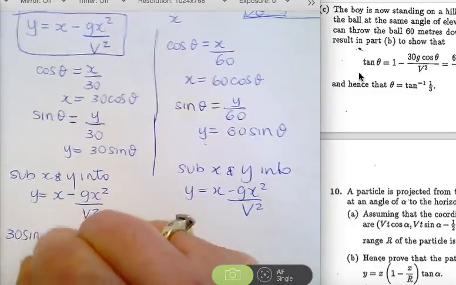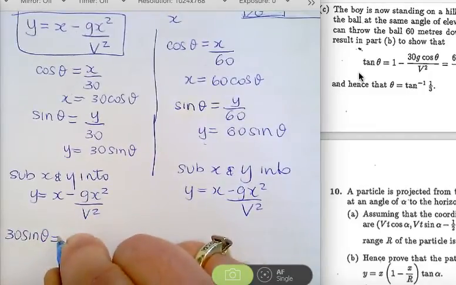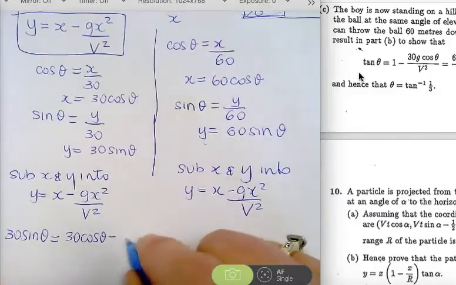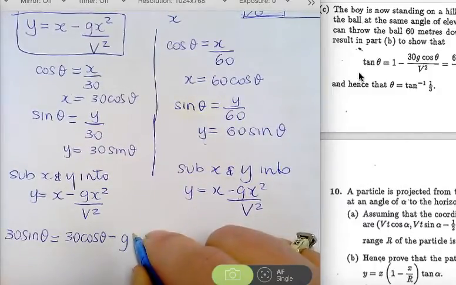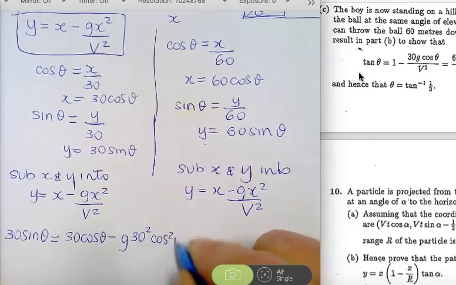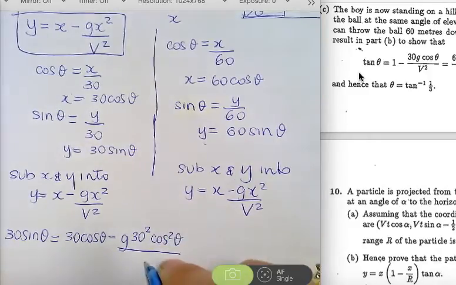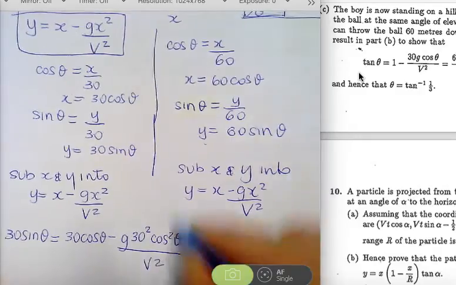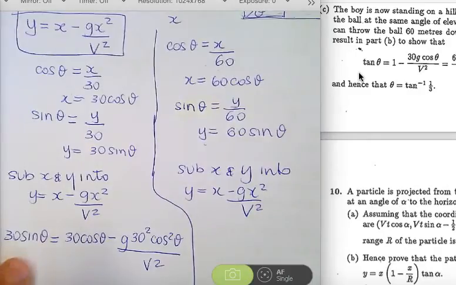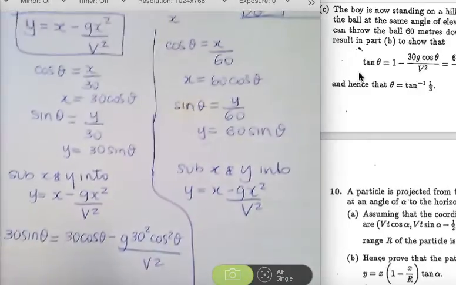30 sine theta equals 30 cos theta minus g 30 squared cos squared theta over v squared. First equation. You know what? Why don't we divide through by cos theta?